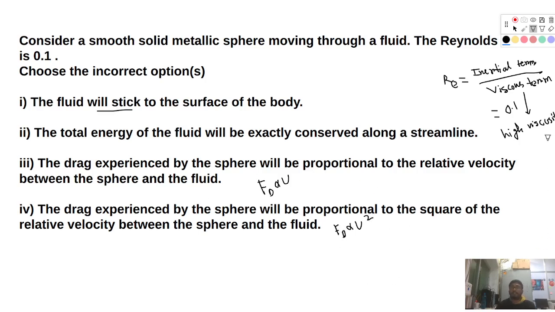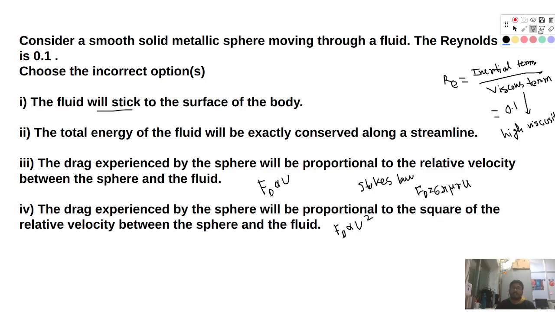In the highly viscous region, which is the low Reynolds number, we have the Stokes law, right? Now in the Stokes law, what we have is Fd is 6 pi mu, let us denote it by mu, and then the radius of those particles and the velocity with which it is moving, right?